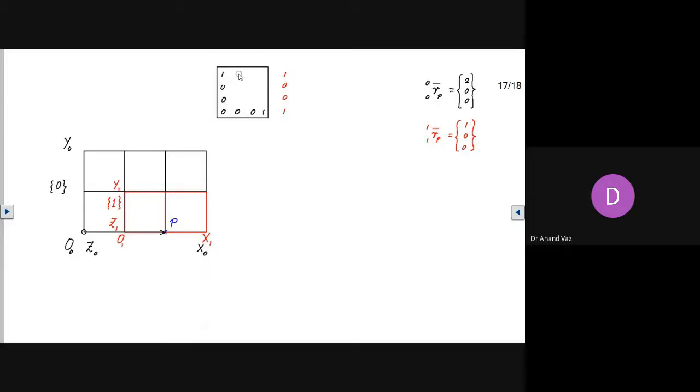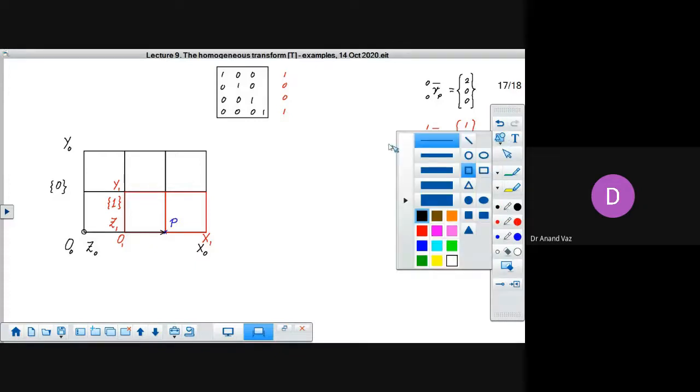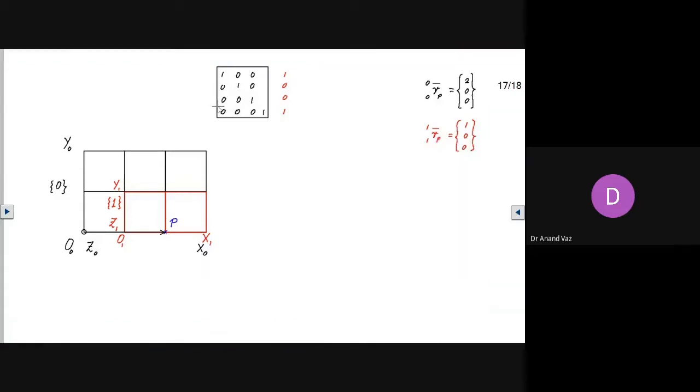This will be 0, 1, 0 and 0, 0, 1. So as far as the orientation is concerned, that is this part of the transformation matrix, you see that it remains unaffected. It's just a unit matrix.